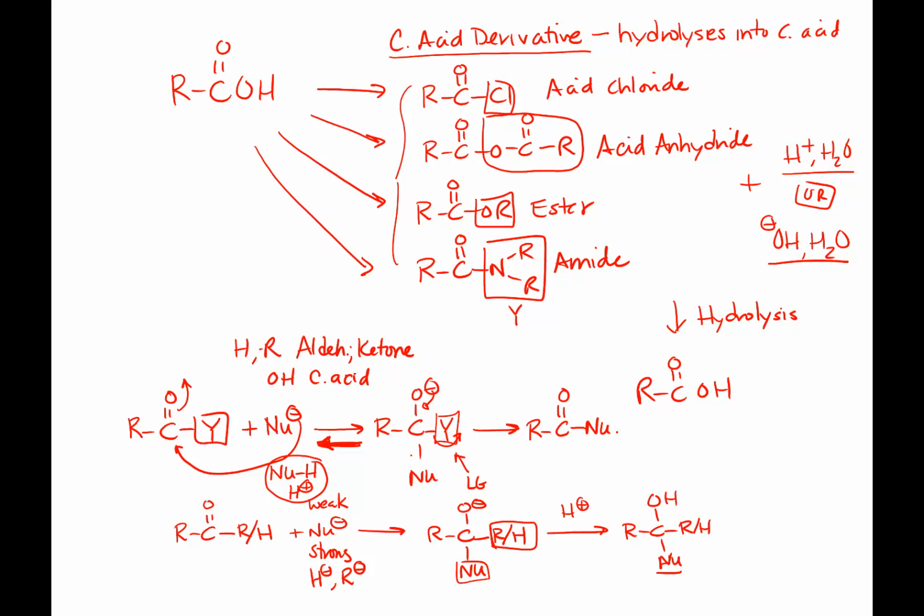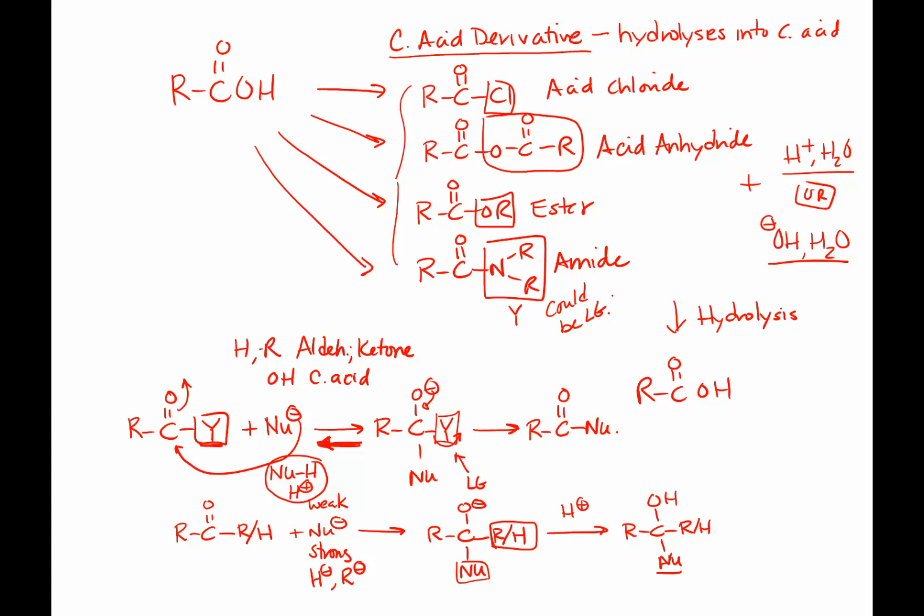The difference in this reaction with these carboxylic acid derivatives, or even when there's an OH group as the Y, is that all of these groups up here, all of these Y groups, they could be leaving groups.